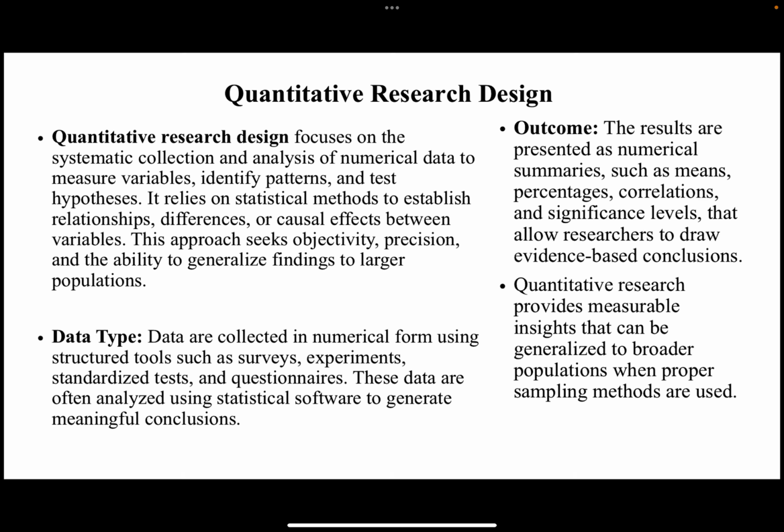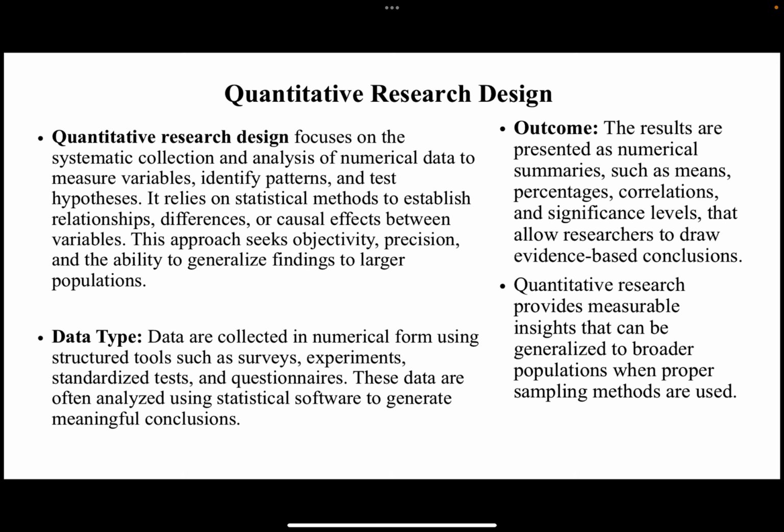Why? Because if it were a qualitative design, I'd be using a questionnaire with open-ended questions that give the respondents an opportunity to answer, and as they answer, I record their responses. Such an instrument will be used in qualitative research design. In quantitative research design, it is a questionnaire with closed-ended questions.